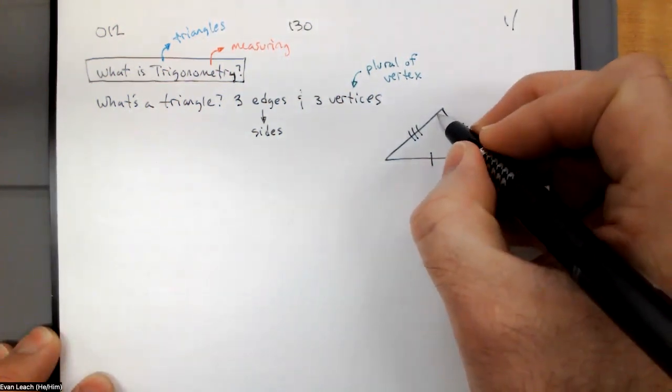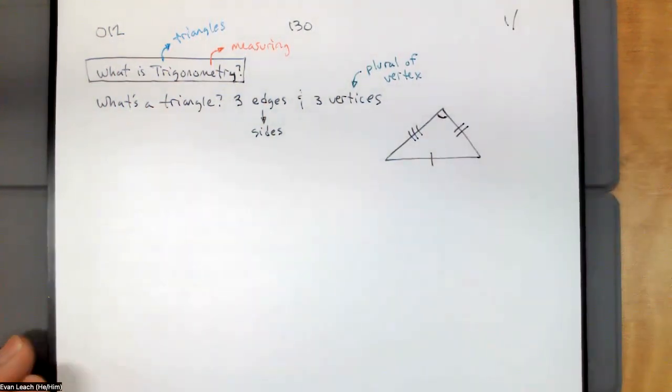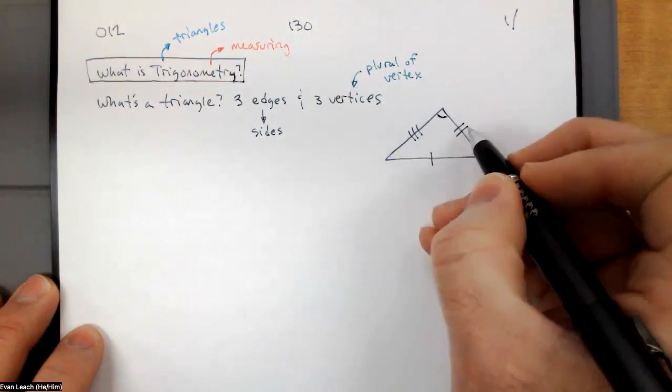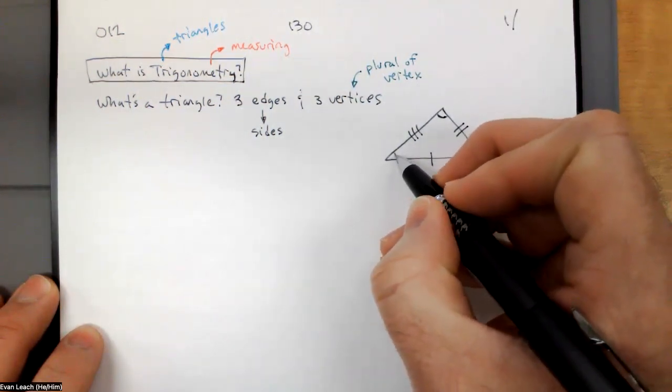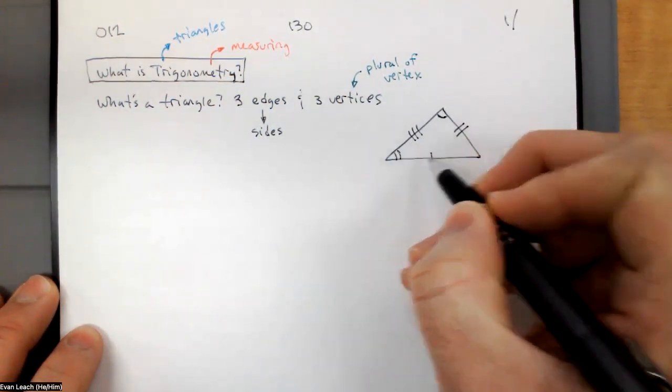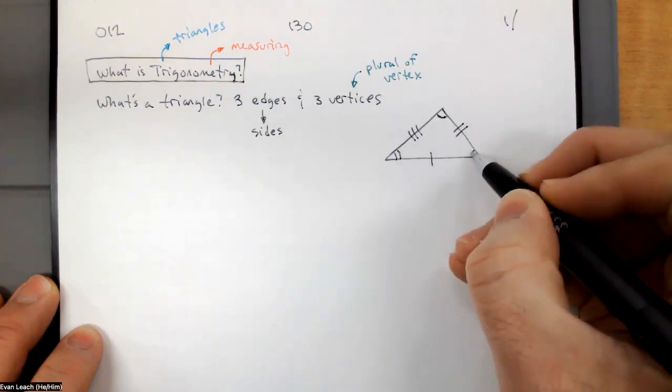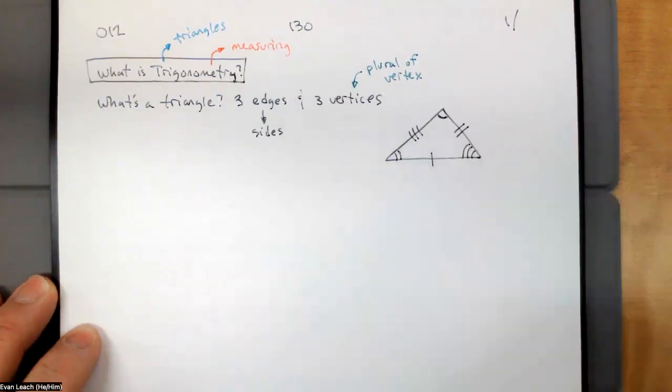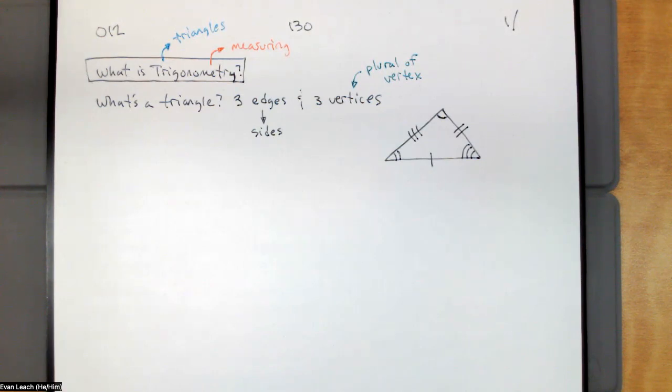So like this angle, I'm going to put 1 little curve there to indicate the angle there. Then there's going to be another angle opposite this side with the 2 marks. So I'm going to put 2 little marks there. And then I'm going to put 3 marks in this angle. That will tell whoever's looking at this diagram that those 3 angles are all possibly different values.